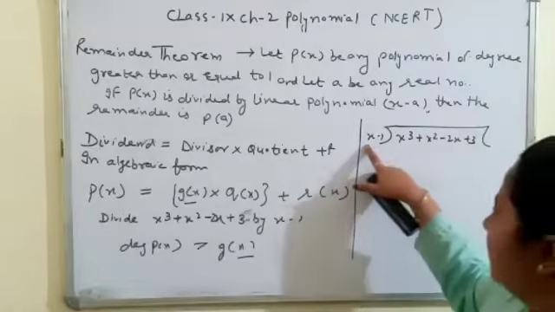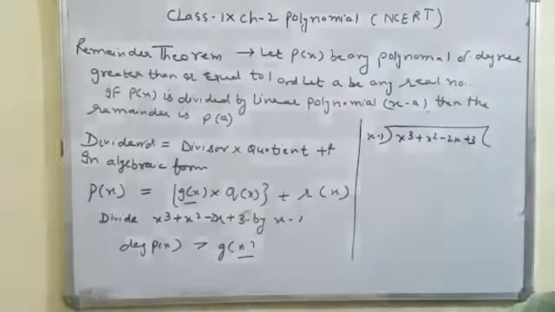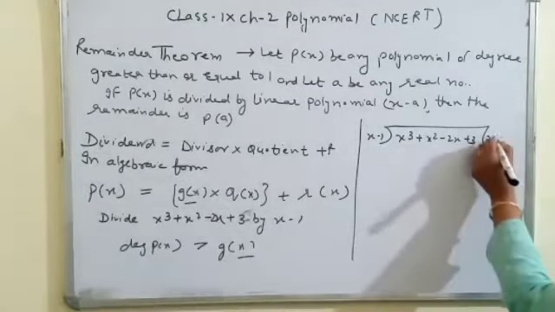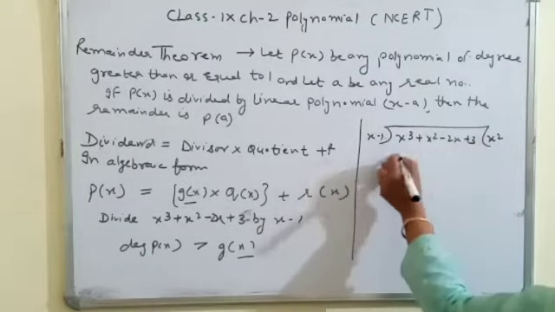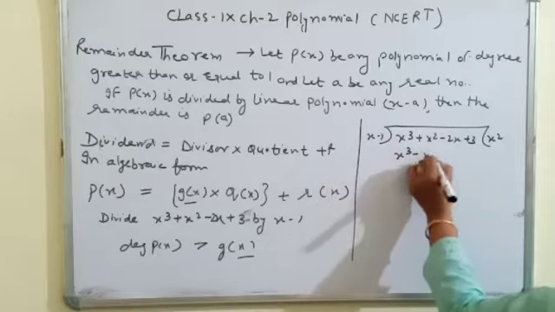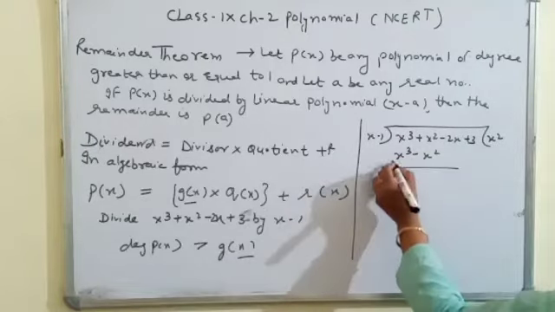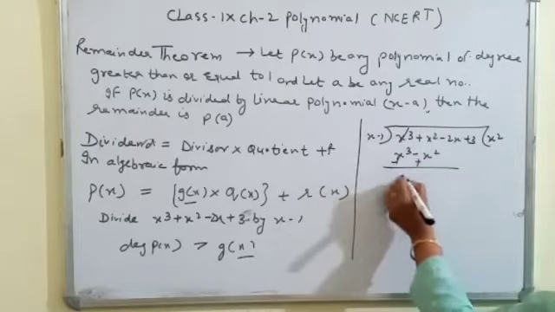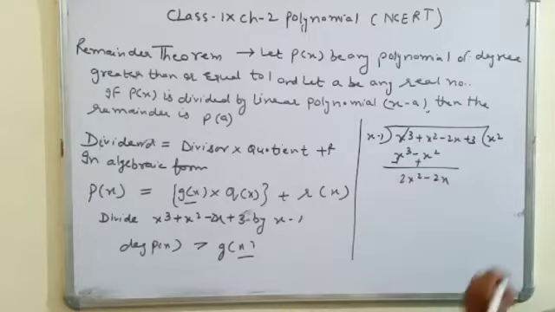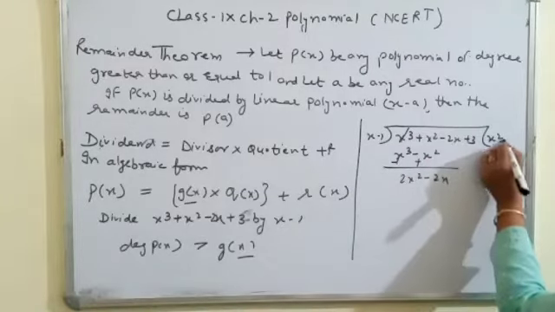For x cube, we will multiply by x square. Multiply x square by x minus 1, the result is x cube minus x square. Now change the sign.